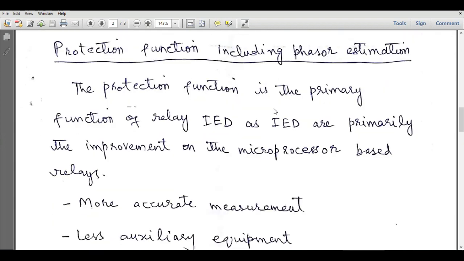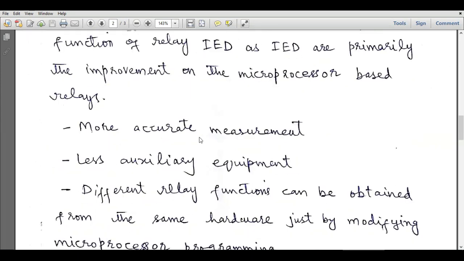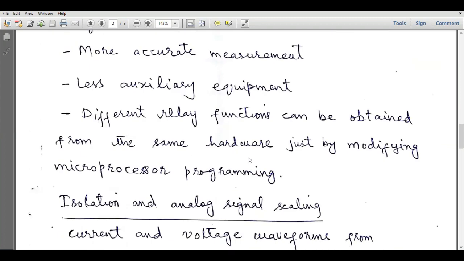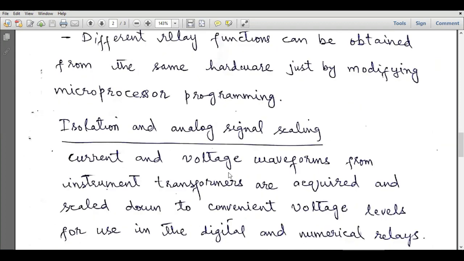The protection function is the primary function of relay IED, as IEDs are primarily the improvement of the microprocessor based relays, and they are more accurate measurement devices. They have less auxiliary equipment. Different relay functions can be obtained from the same hardware just by modifying microprocessor programming.